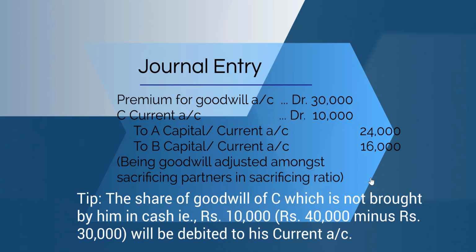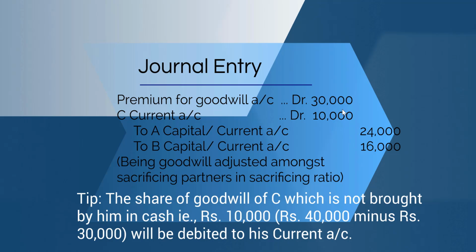Now here the point to note is, in the case of A and B, in the case of fluctuating capital method, A and B's capital account will be credited, whereas in the case of fixed capital method, A and B's current account will be credited.